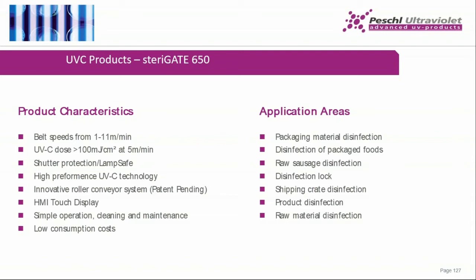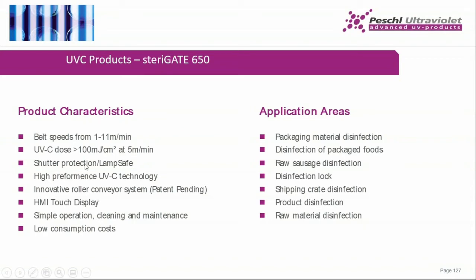Product characteristic: we have a belt speed from 1 up to 11 meters per minute. We have a UV dosage higher than 100 millijoule per centimeter square when you have a speed of approximately 5 meters per minute. If you remember that listeria needs approximately 50 millijoule per centimeter square to disinfect, then you know that you kill 2 times more if you use this tunnel.